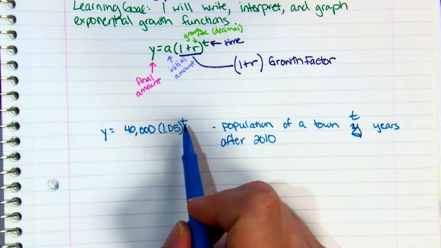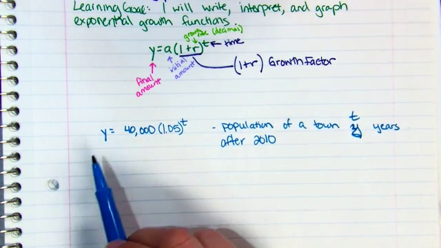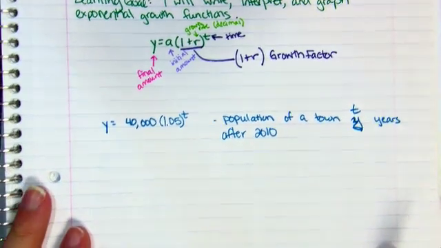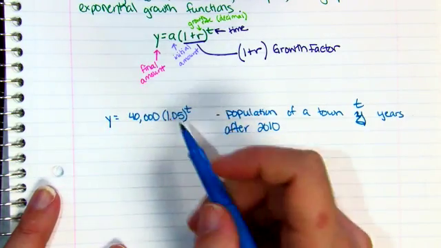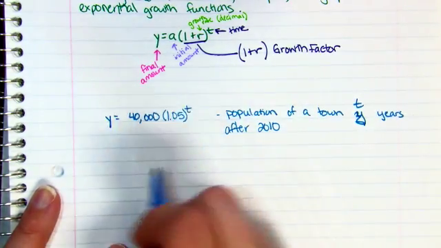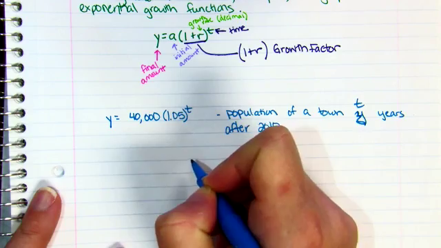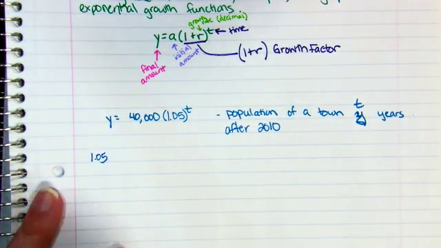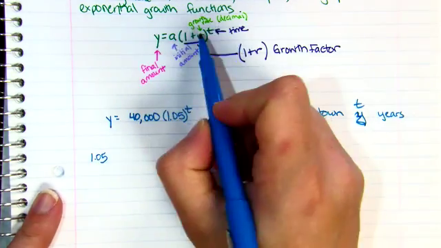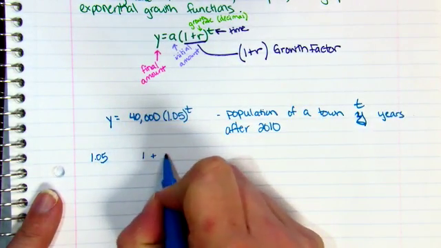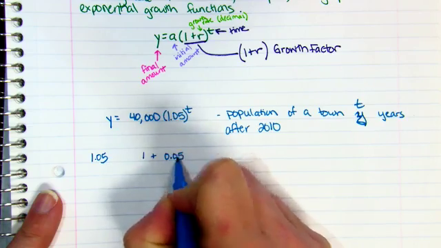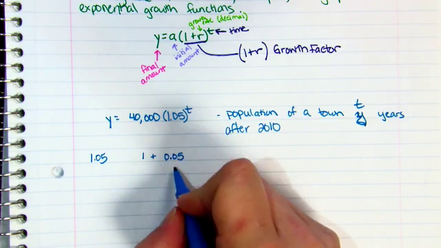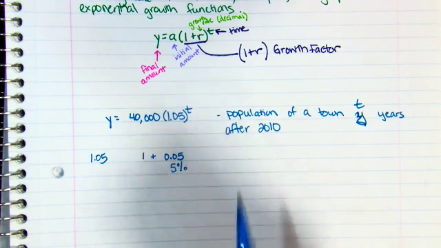So if I put a 5 in here and solved for y, that would tell me what the population was in 2015. Our first question is to look at this and figure out what the pieces mean. So what does the growth factor of 1.05 mean? Remember, if we were to break that up into the 1 plus r, this would be 1 plus 0.05. That's another way of writing 5%.